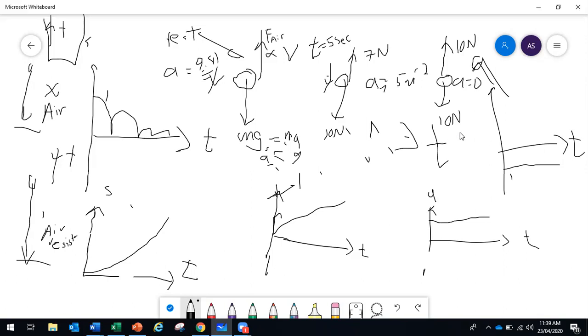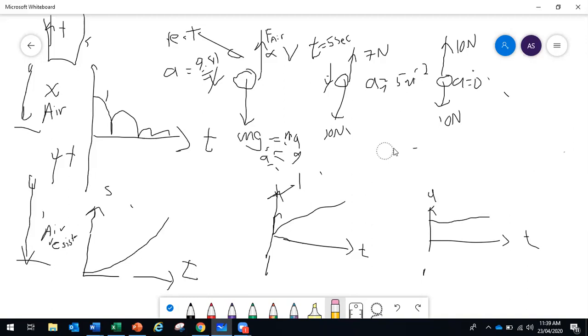This is a unique moment. We call that the system achieving what? Terminal velocity. Terminal velocity is achieved at this moment. What does terminal velocity mean? It is the maximum velocity ever achieved by the object.